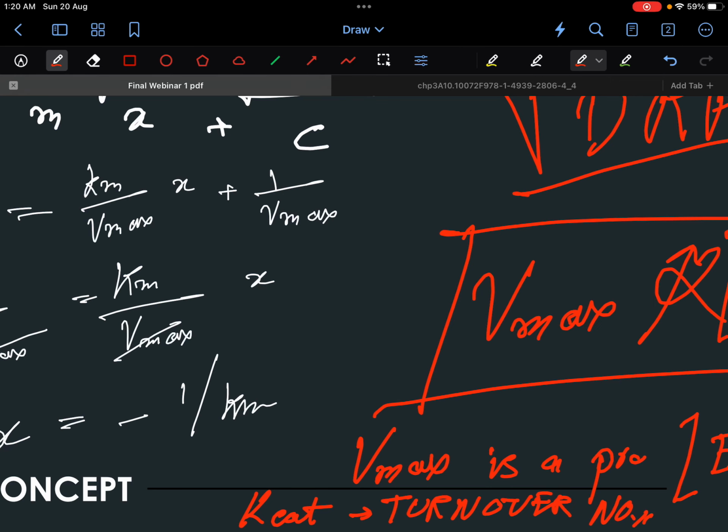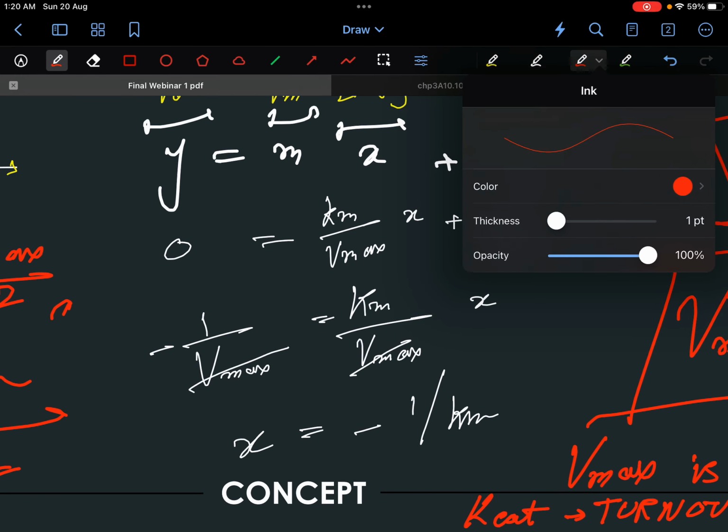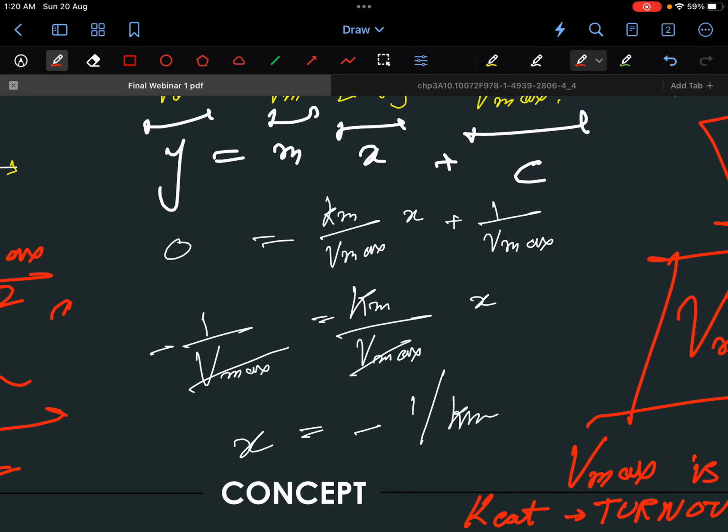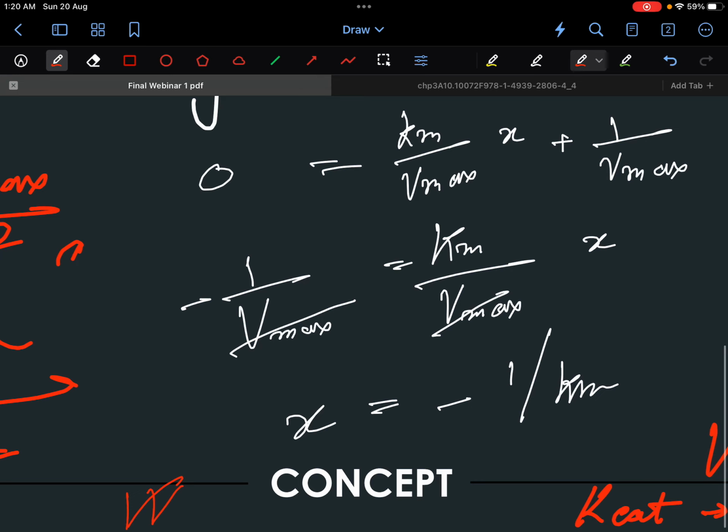So the equation becomes Vmax is equal to Kcat times the concentration of E times T. Okay, so this is the equation.